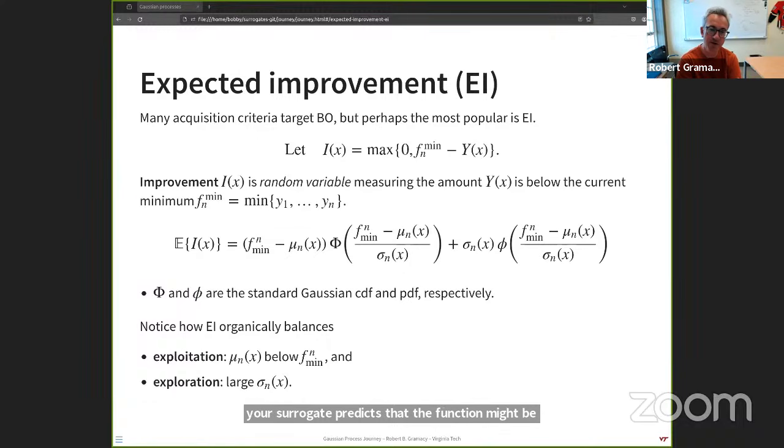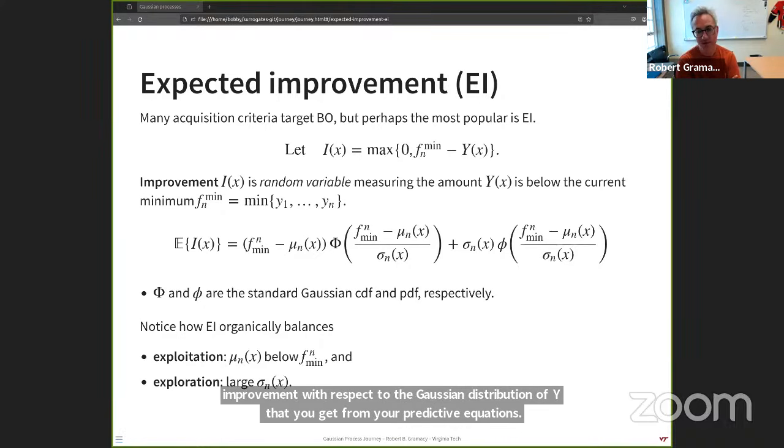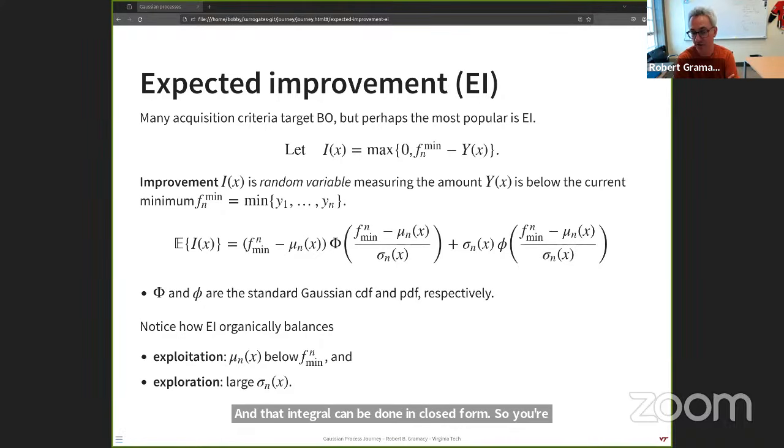So they develop a random variable called improvement, measuring the amount by which a prediction, the predictive distribution of y, is below the current minimum, which I've notated as f-min, but f-min is just the smallest of the observations that you've seen so far. And you can take the integral of that improvement with respect to the Gaussian distribution of y that you get from your predictive equations, and that integral can be done in closed form. So you're taking an expectation with that integral, and they call that criteria expected improvement.